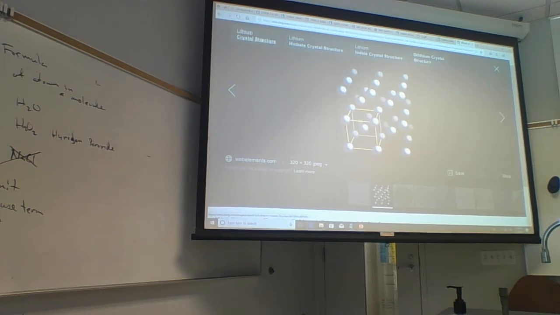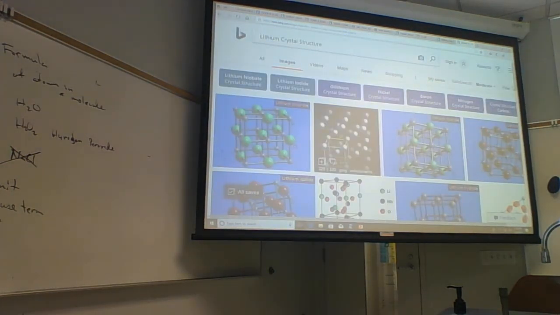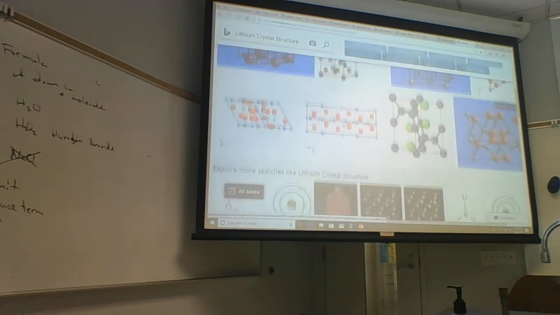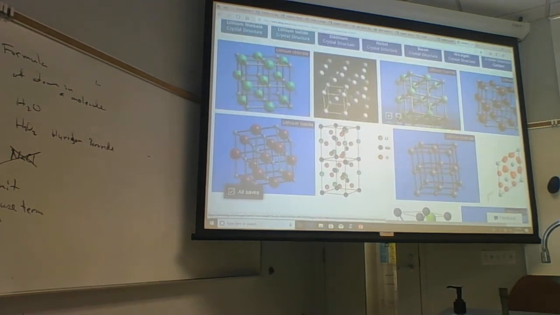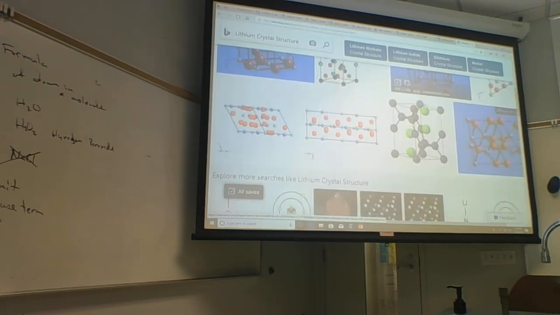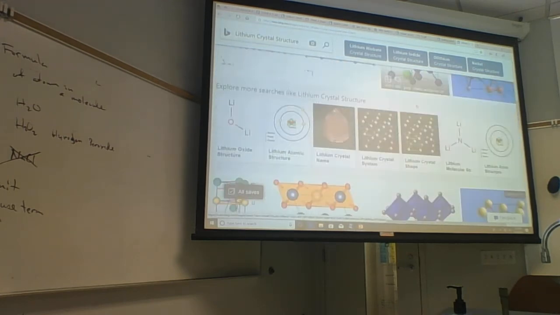So, lithium crystal structure. There are some others. These are all examples of lattices. This is the lithium chloride lattice here. This is the lithium fluoride lattice, the lithium hydride lattice, a whole bunch of different lattices.